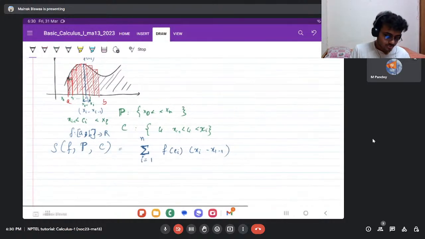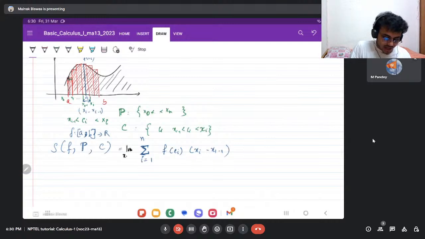So if we take the limit as xi minus x(i minus 1) tends to 0 for all i, right? So that is known as the Riemann sum. I'm putting the colors together so that it's clear. So Riemann sum is this.